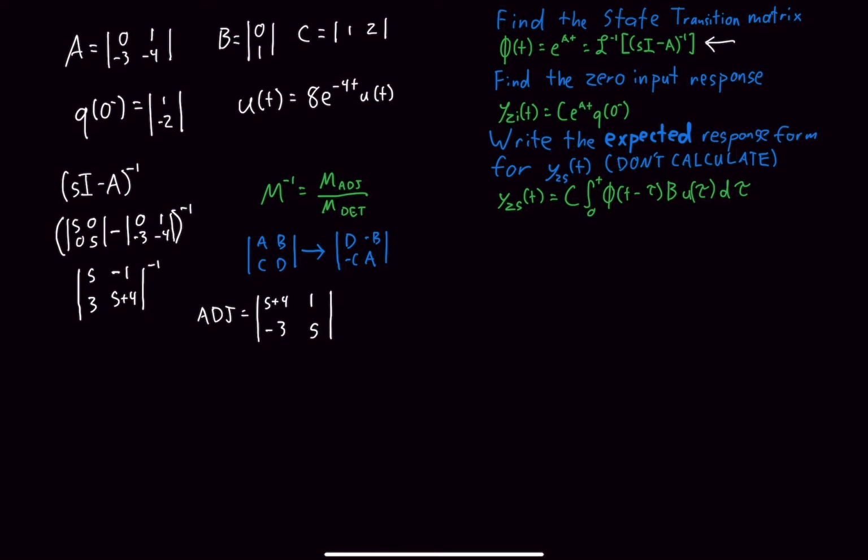And now the determinant for our matrix is AD minus BC.